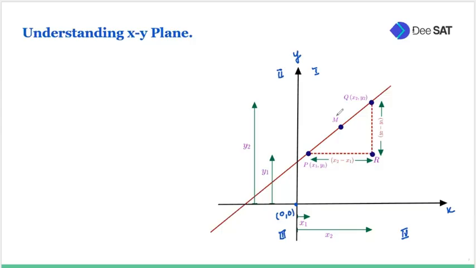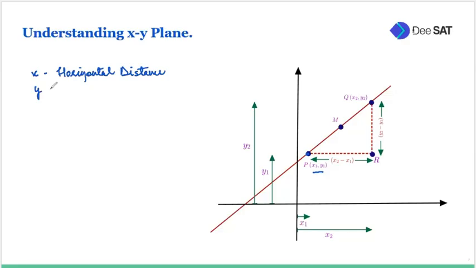Now, let's understand more about it. First of all, we need to understand that if any point on the xy plane is given to us, for example, this is the point P(x1, y1), what does it represent? Always understand that x represents the horizontal distance and y represents the vertical distance.